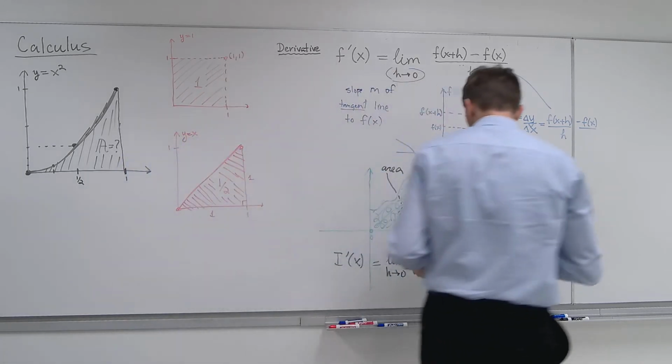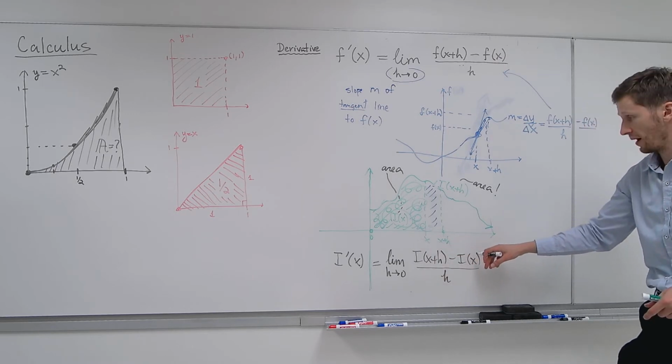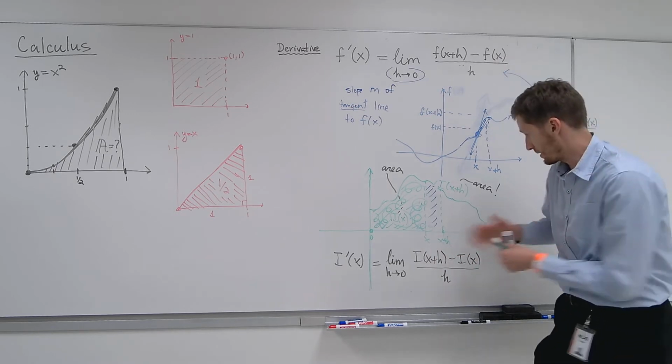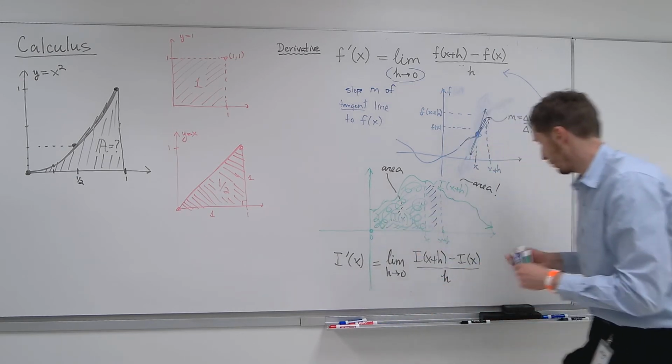Okay. Let's see something else. What is I of x plus h minus I of x? That's the blue area, isn't it? This area minus that green one, and that's going to be the blue area.